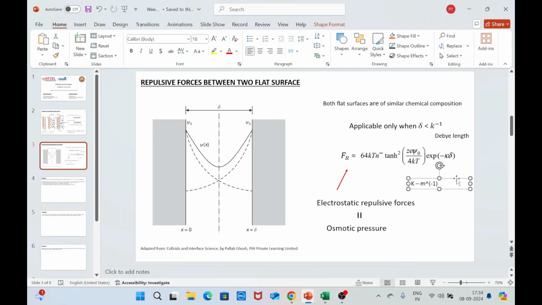So this distance of separation is an important parameter. I hope you are able to get it. If not, please let me know, because based on this we'll be solving a few problems in the next 1 hour or so.